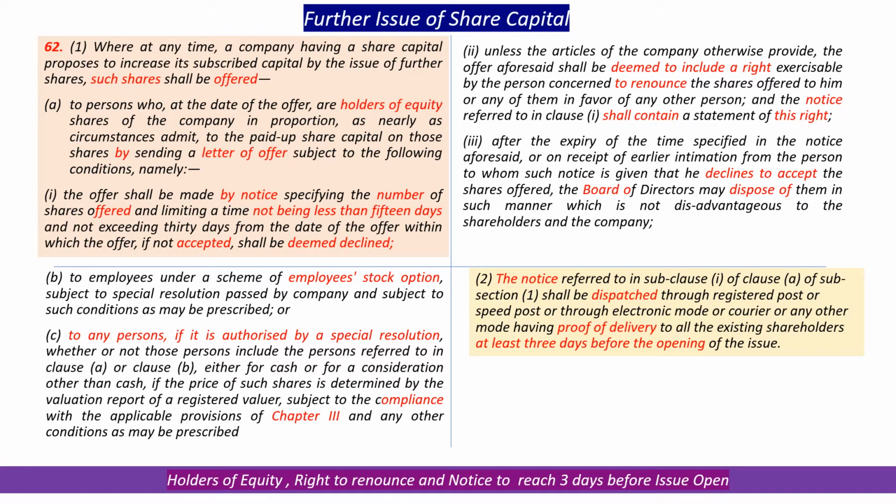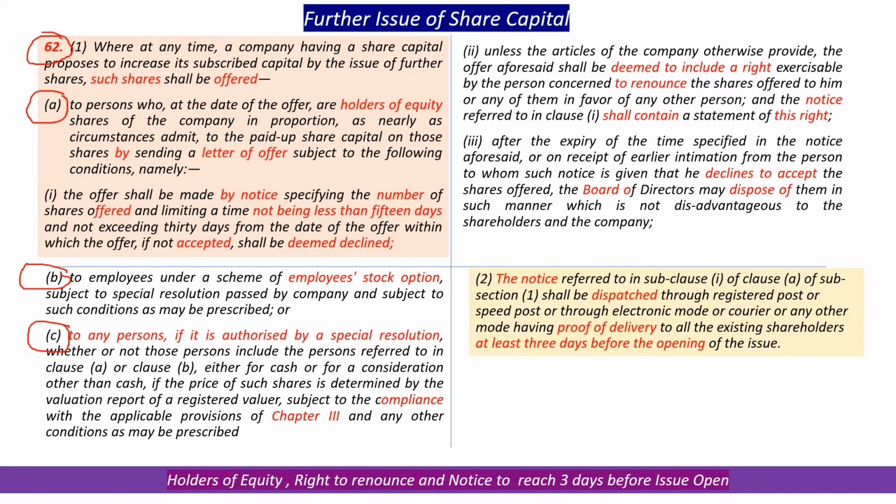If we look at it, section 62 says when you make a fresh issue of shares, you have an option to offer such shares to three entities.